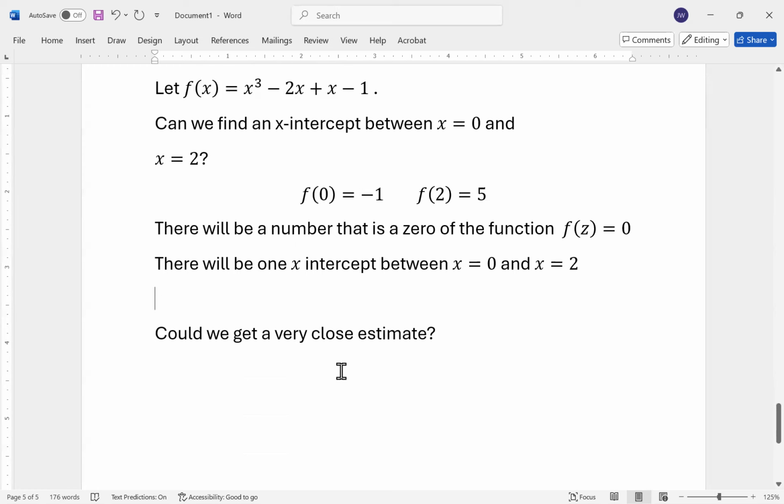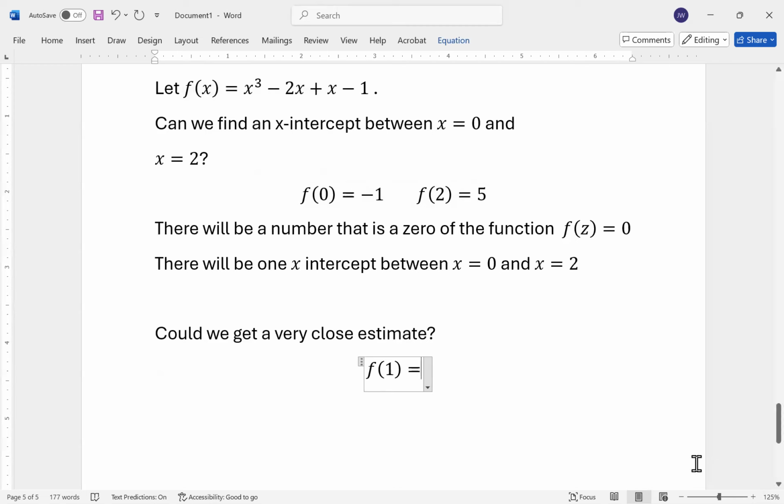Now, how could we get a close estimate? Well, I know there's going to be an x-intercept between 0 and 2. Let's pick a number between 0 and 2 and plug it in. The obvious choice here is the number 1.